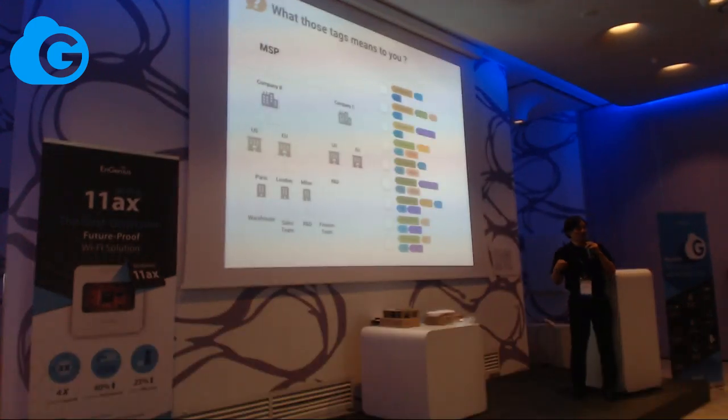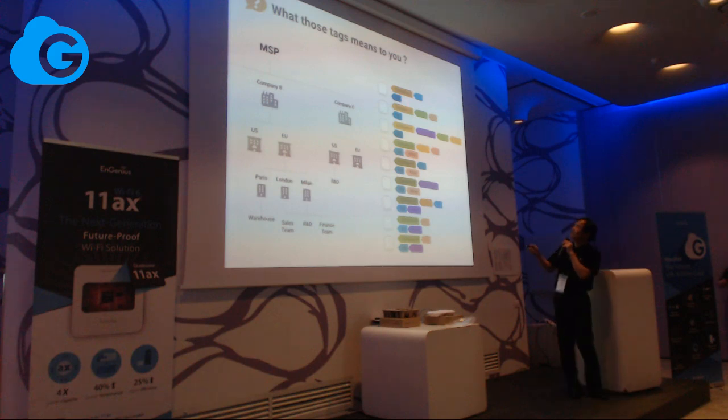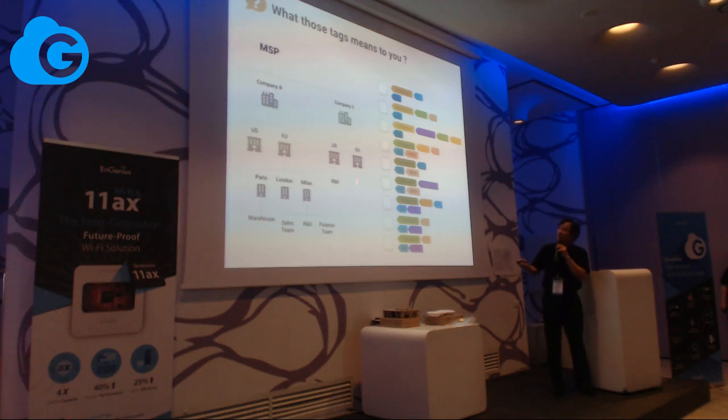They put lots of tags on each different AP. So if you want to see company C, you simply type company C, and then you have a list of APs using this company C. But with this tag, can it tell you the relationship like this? No. So it's ridiculous. How can a user use this kind of tag? How can he remember those tags?